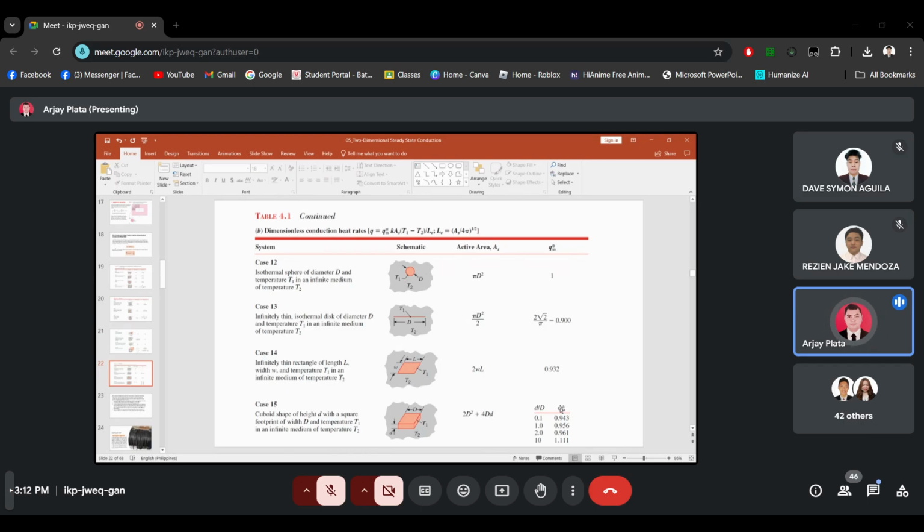Case 12 is an isothermal sphere of diameter d and temperature T1 in an infinite medium of temperature T2. Case 13 is an infinitely thin isothermal disk, so just a very thin disk. This is our shape factor.